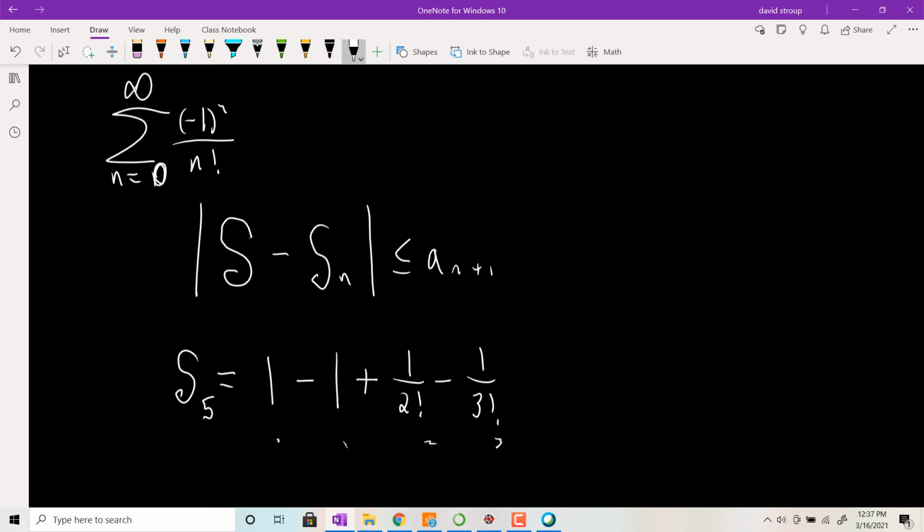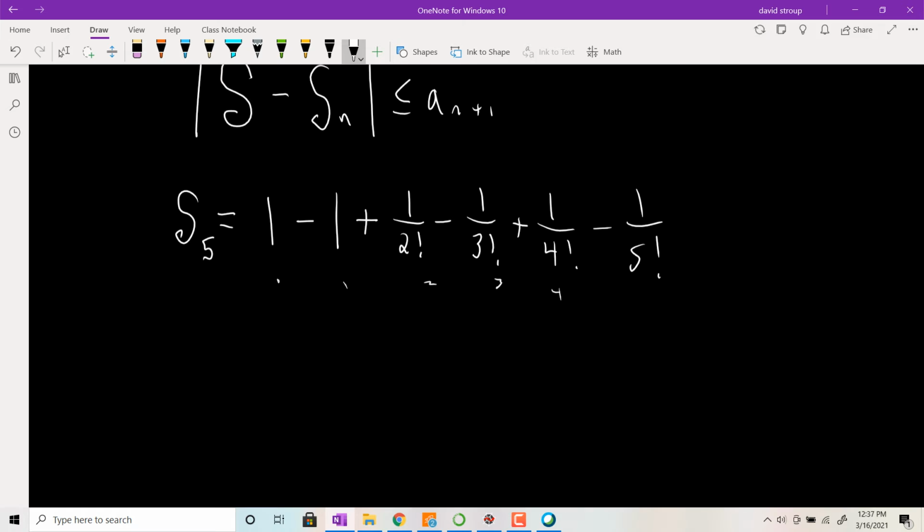And then this will be plus 1 over 4 factorial, minus 1 over 5 factorial. So the theorem is saying that S minus S sub 5 will be less than or equal to the next term in line, which would have been 1 over 6 factorial. And you don't include the negative because you're just talking about a sub n.